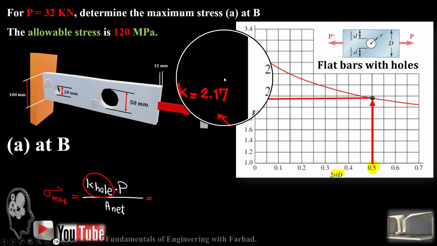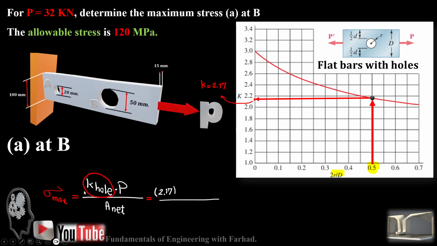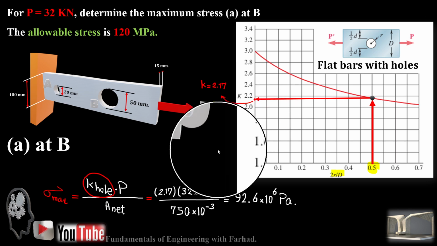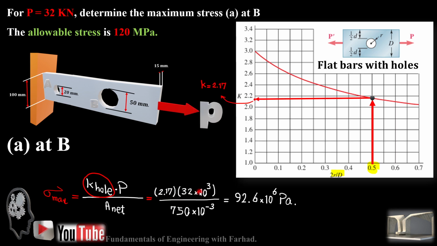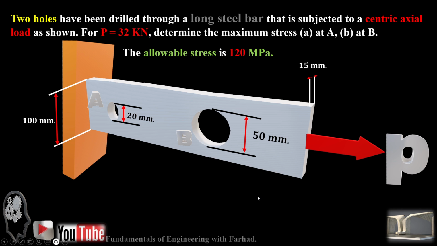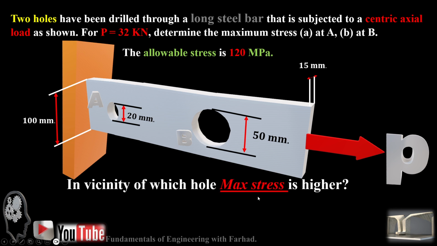We use 2.17 for that and use that in the formula. It gives you 2.17 times pulling force over the net area, which we calculated in the previous part. That's 92.6 megapascals.